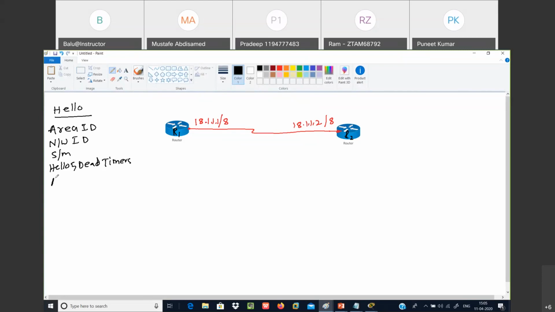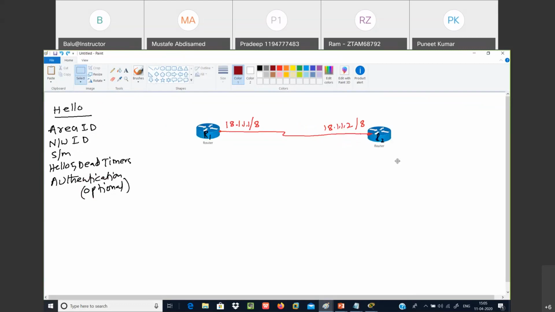The last one is OSPF authentication, which is optional. This is all the information a hello packet contains: area ID, network ID, subnet mask, hello timer, dead interval timer, and optional authentication. Clear?